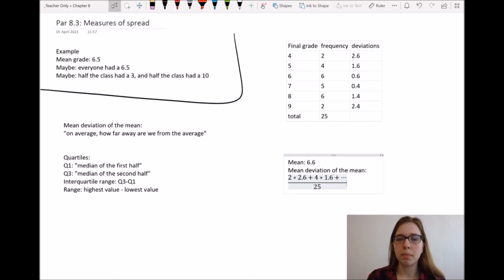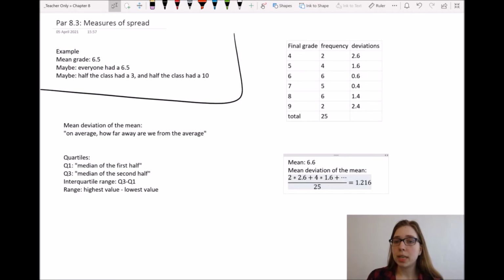I still divide by the total amount. And in this case, that gives me 1.216. So on average, people are around 1.2 away from the mean grade.